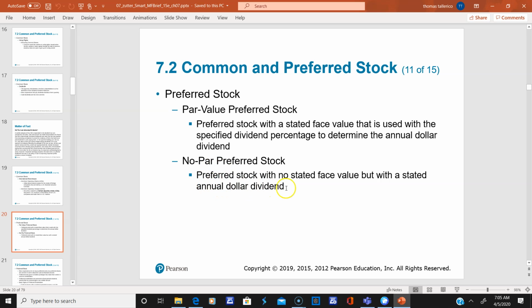No par means you're going to be told the annual dollar dividend, and with par value they tell you what the dividend percentage is going to be, and this is how you determine the annual dollar dividend. So one is called par value preferred, and there's no par value preferred. One shows you a dividend with an actual dollar amount, and one shows you a dividend as a percentage. So there's a subtle difference there.